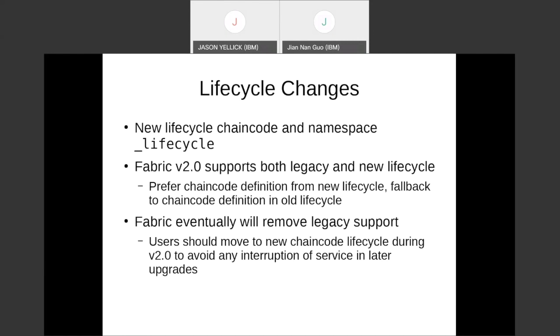Now, if you're familiar with operating a Fabric v1.x network, you'll know that lifecycle operations were done through a system chaincode called LSCC. So LSCC is no longer the chaincode used for lifecycle operations. Instead, there's a new system chaincode called _lifecycle.